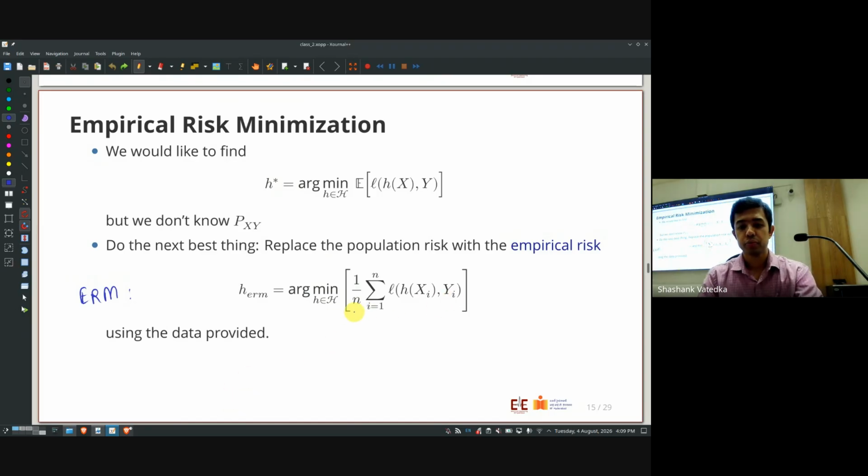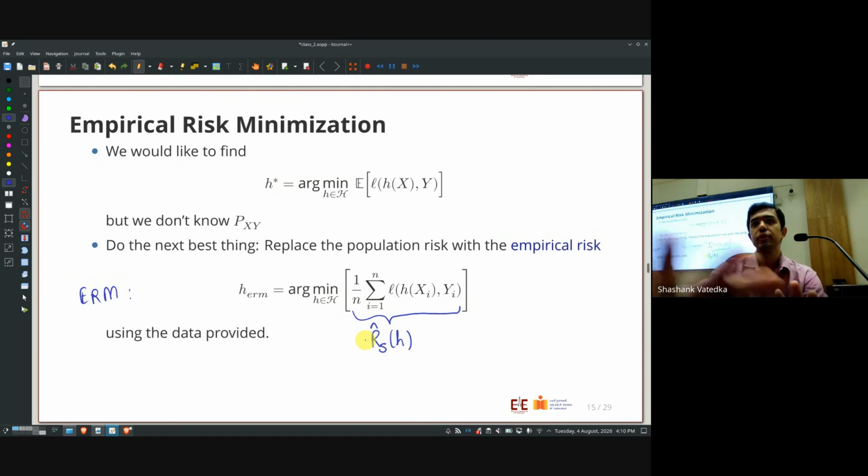Right? So this particular quantity is called the empirical risk, and I'll call it R_S hat of h. So in general, whenever I put a hat, it will typically denote some kind of an empirical quantity or an estimate. And I'll introduce this subscript S just to denote that this depends on the data set. Okay, so you choose that h which minimizes the empirical risk R_S hat of h.